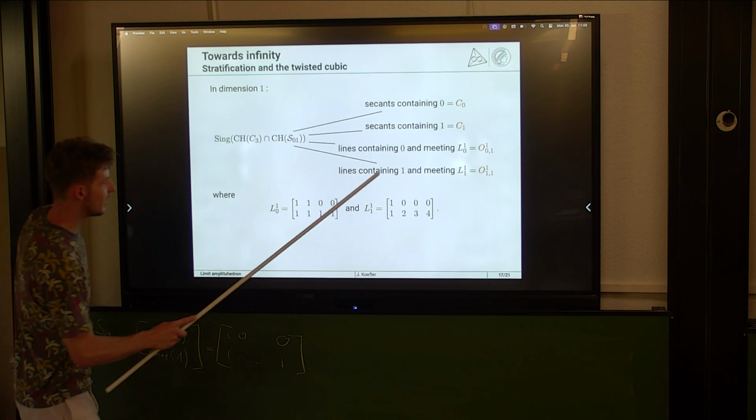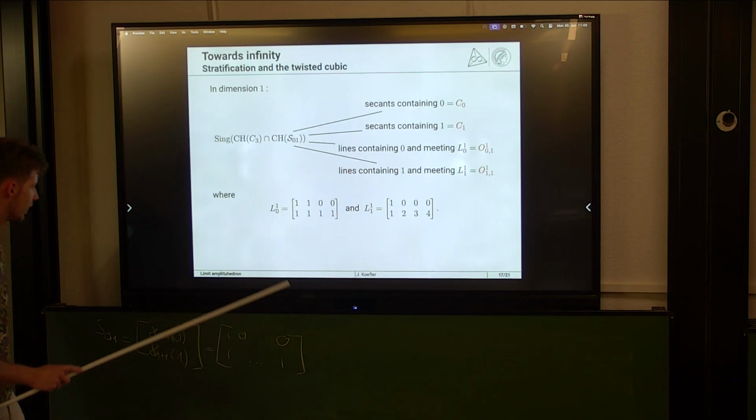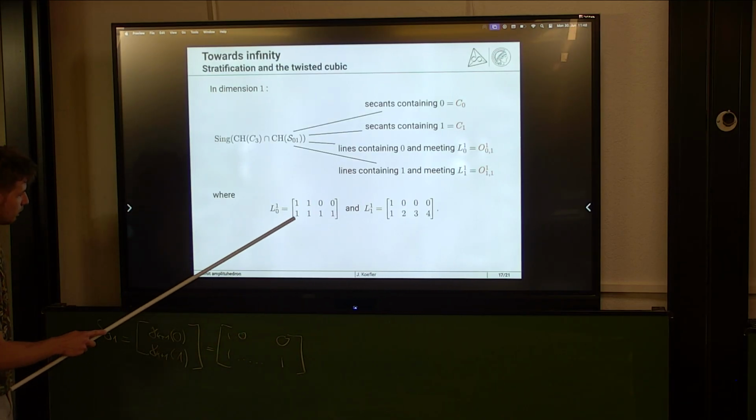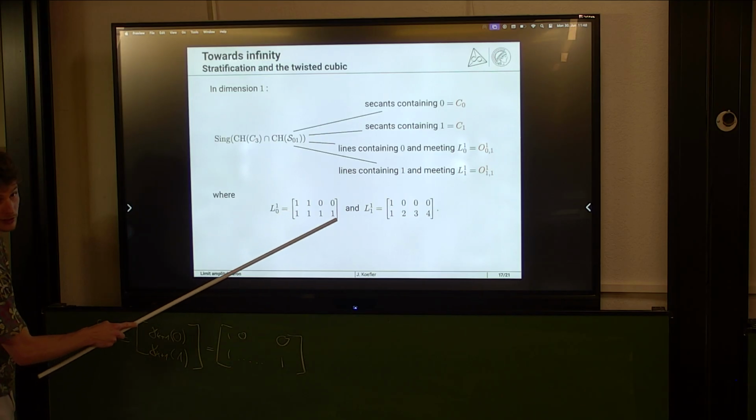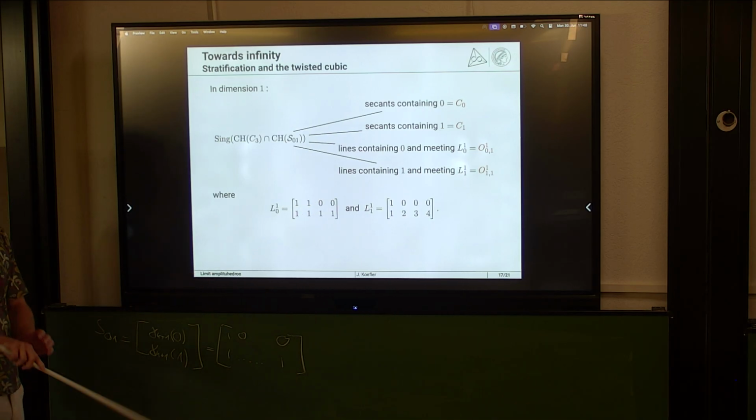And that is, they meet another new line, L01. And this line is written here as an element of GR24. So you see this is the all 1 point again. And then this point, does anyone see where this would appear in the parametrization of the moment curve?